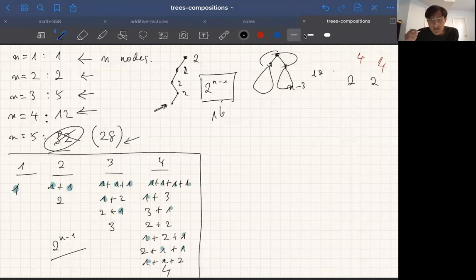If we fix a certain k of them go on the left, so n minus 3 minus k of them go on the right. 2 to the k, no, that's not going to work.